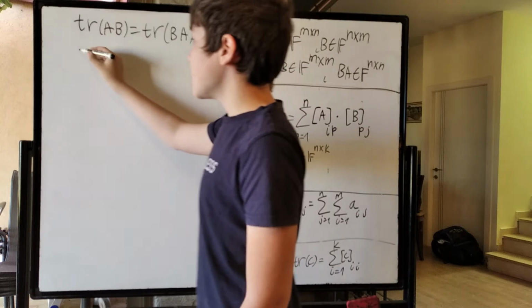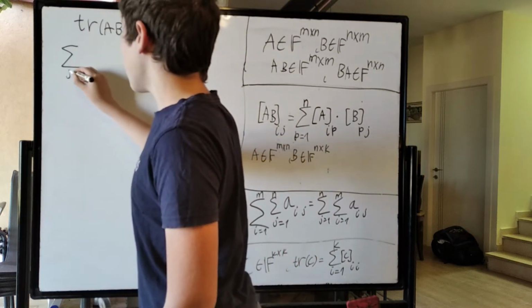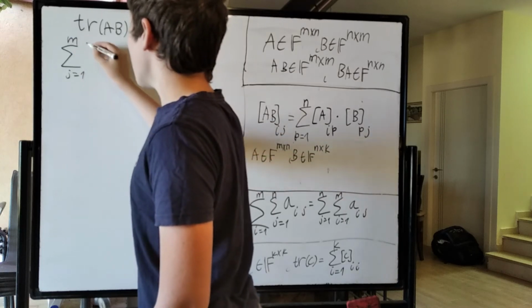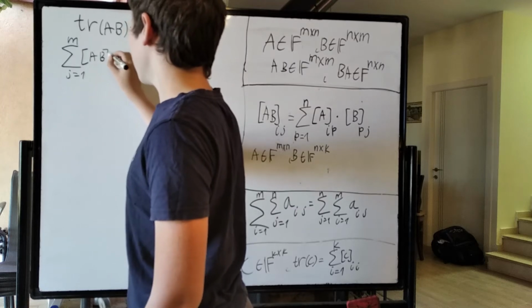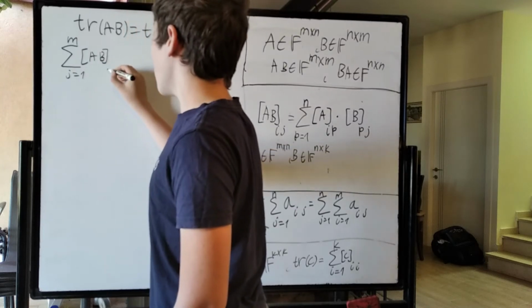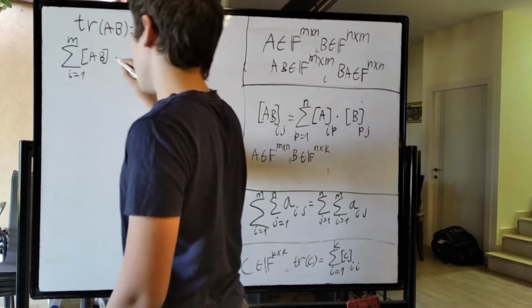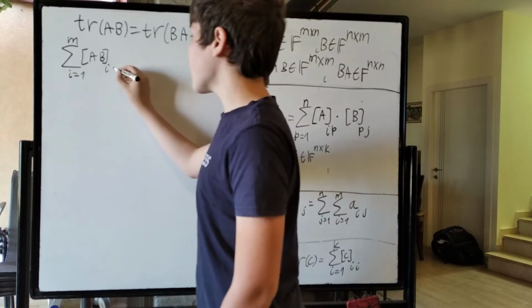So this is first the sum as i goes from 1 to m of AB, the matrix AB, at row i, column i.